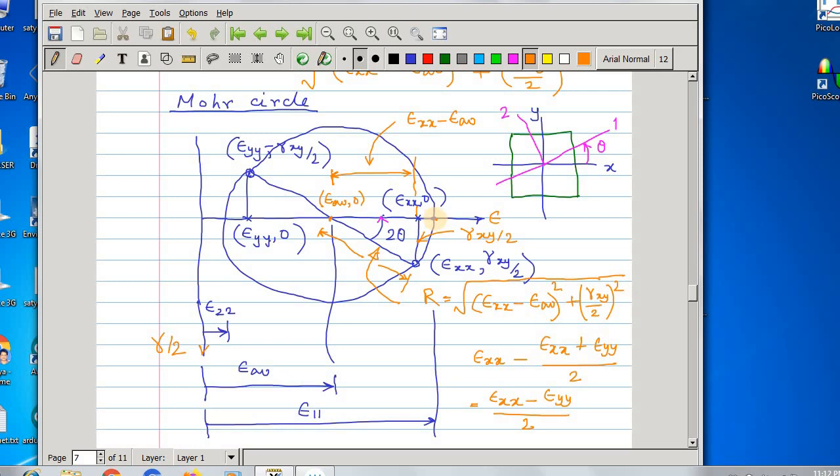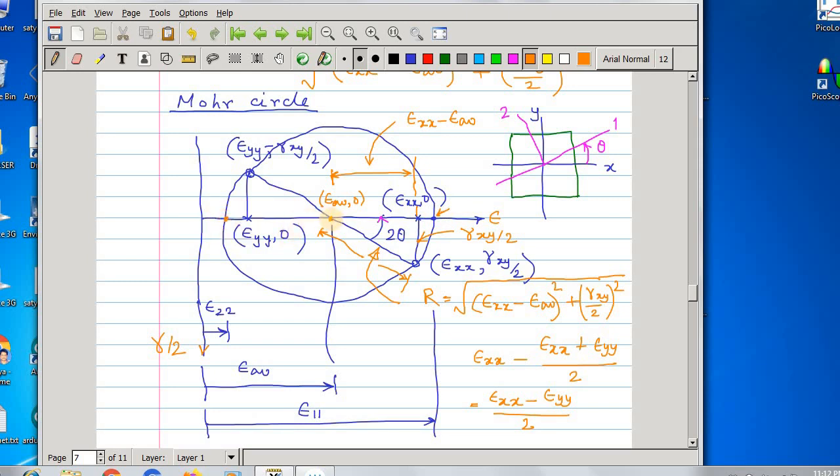So what is the coordinate of this point then? The coordinate of this point is epsilon average plus this r, and this is epsilon 1. So this is one principal strain, and the other principal strain is here. What is this?